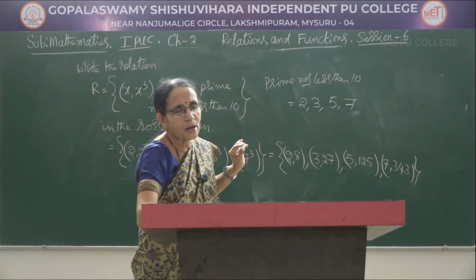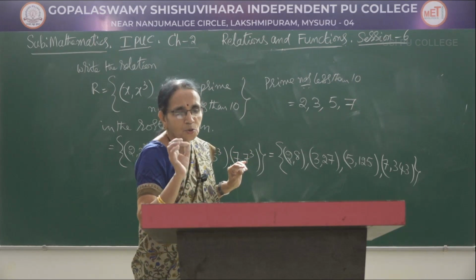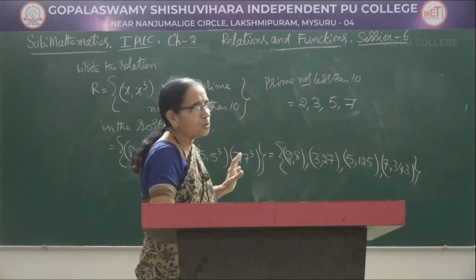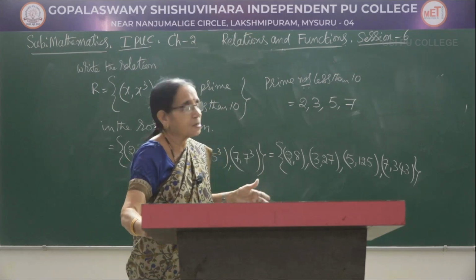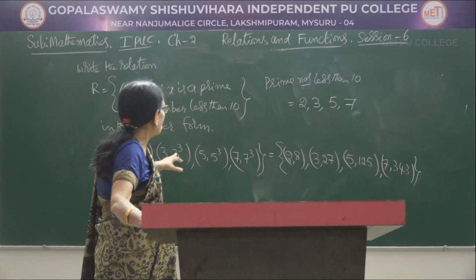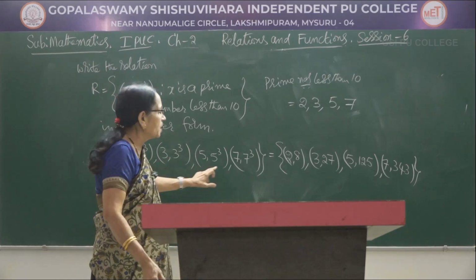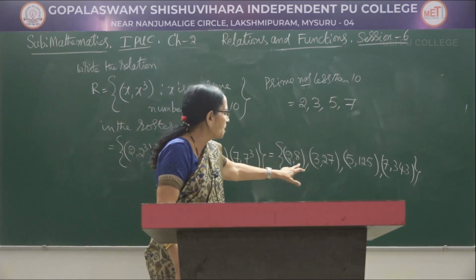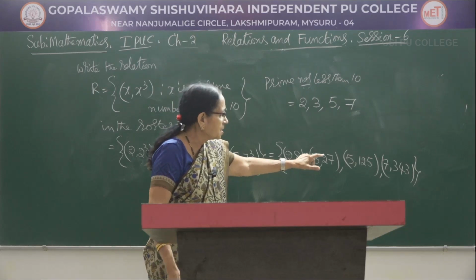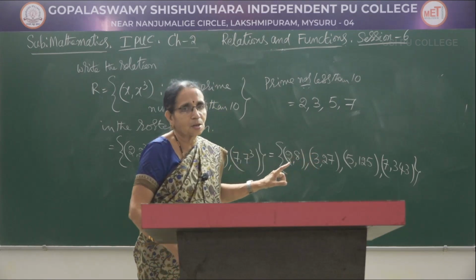So in this problem I had asked you only to express the relation in the roster form. Suppose they had asked you to find the domain and the range. What would be the domain? Domain would be 2, 3, 5, 7. What would be the range here? Range means the second numbers: 8, 27, 125 and also 343.